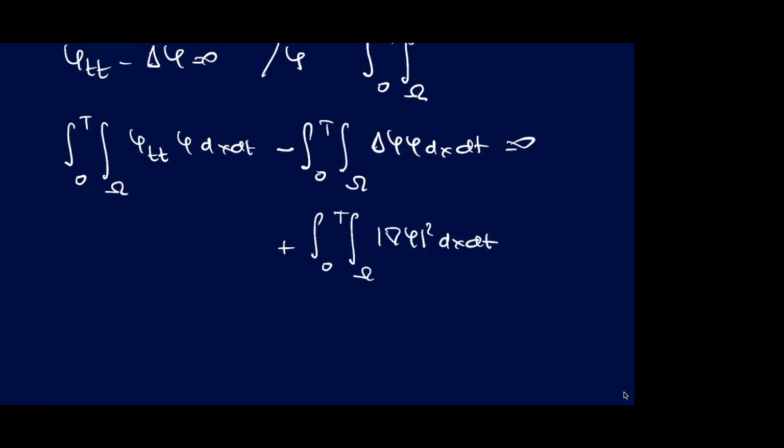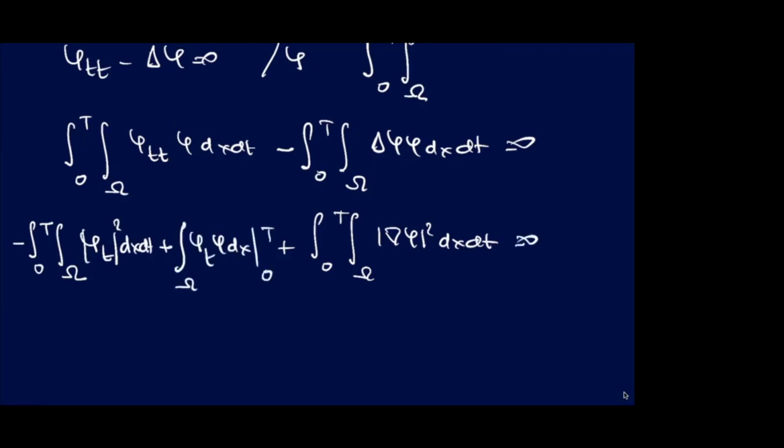And when I integrate by parts here, passing one time derivative from phi tt to phi to make it symmetric, what I get is minus the integral from 0 to T, integral over omega of phi t squared dx dt. And of course, I get the extra term coming from the integration by parts in time, which is a remainder term from 0 to capital T.